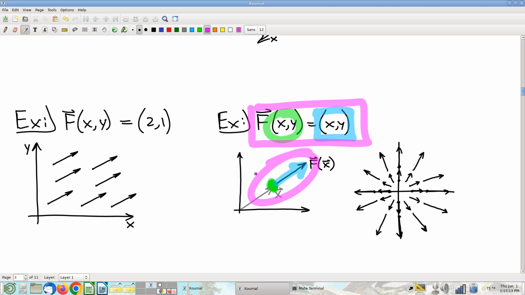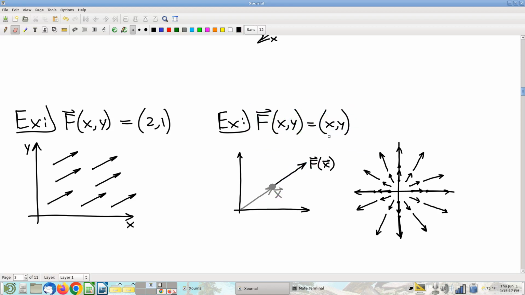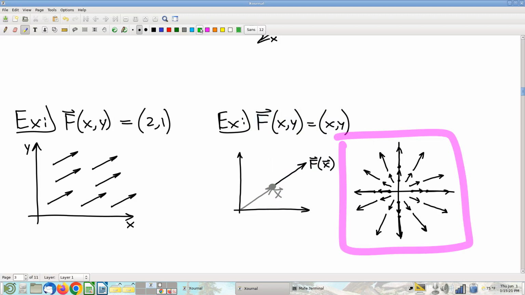You can do the same thing at a bunch of different points, and all together you're going to get a picture that looks something kind of like this, because whichever point you might happen to look at, let's say here, for any point, the field vector is the position vector for that point, but drawn with its tail at the point in question, and so stuff like that. So you get this kind of radially outward looking vector field like so. Everybody buy it?